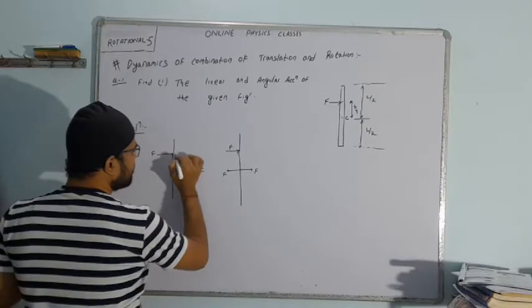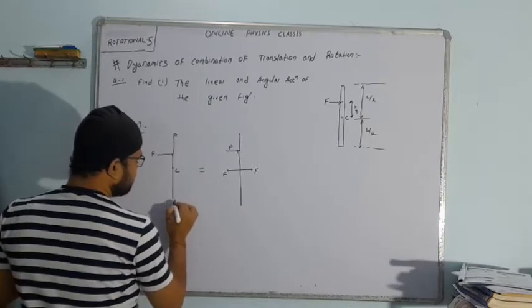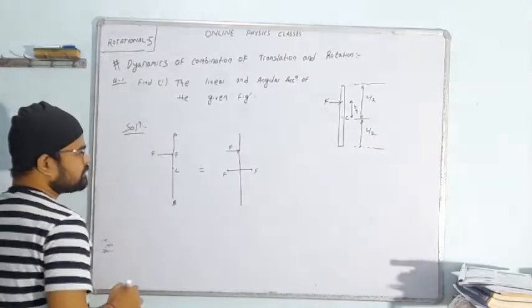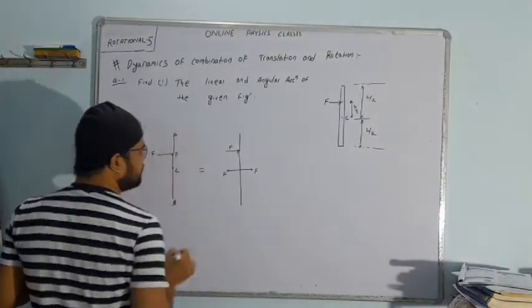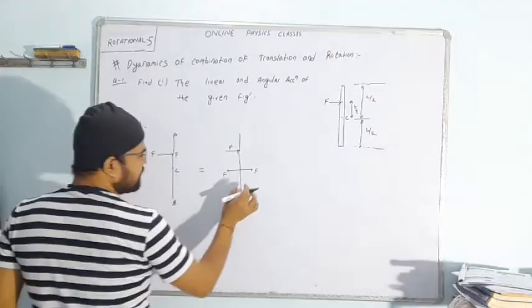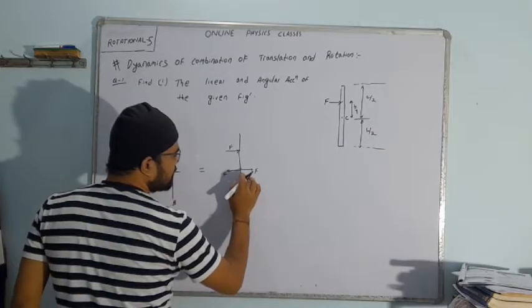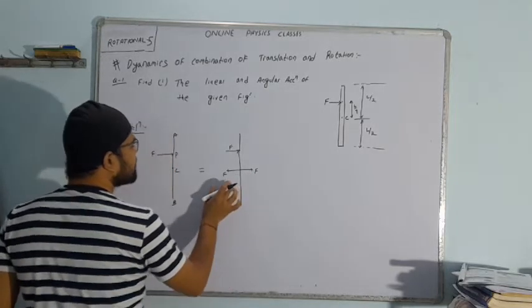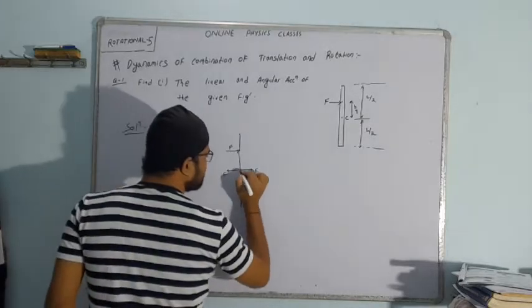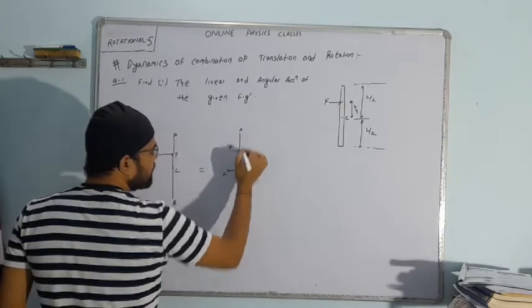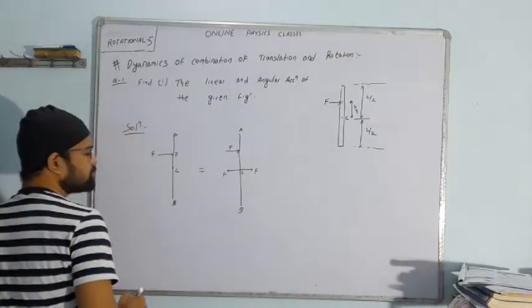Let's suppose the ends are A and B, and this point of application is P. At C there is no force, so we add a rightward force and a leftward force, and these two cancel, so the net force at C is 0.